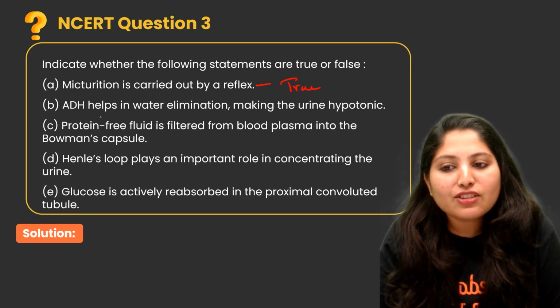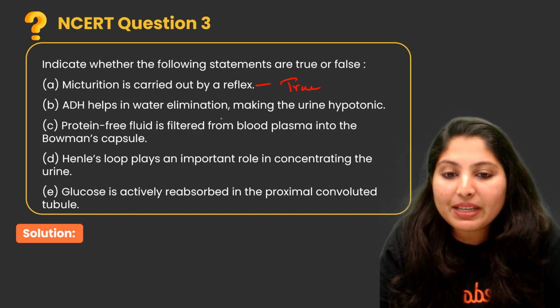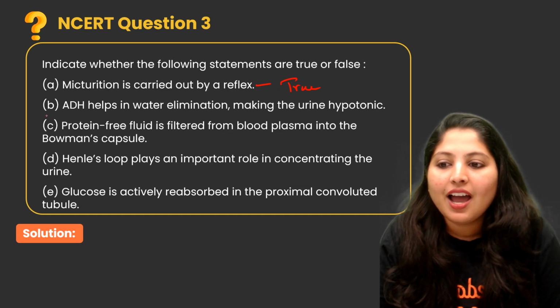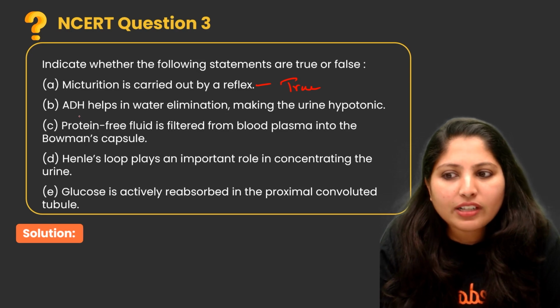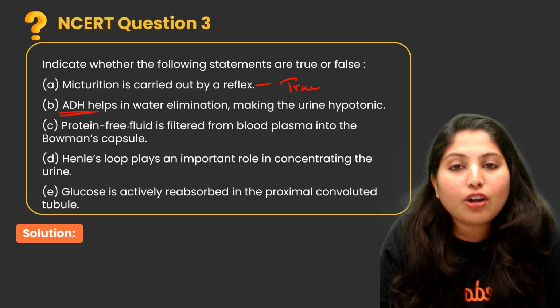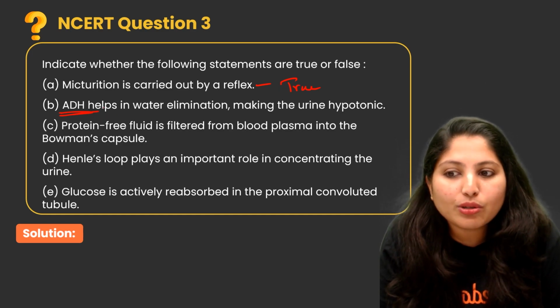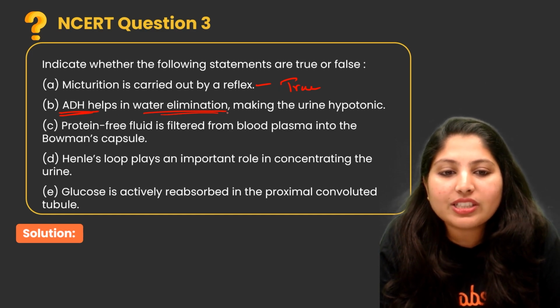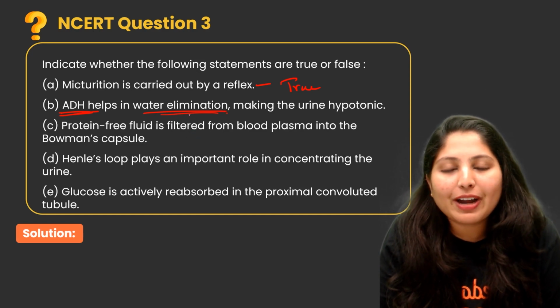Second one: ADH helps in water elimination, making the urine hypotonic. See, ADH means antidiuretic hormone. What is this hormone going to do? It eliminates water from the filtrate.